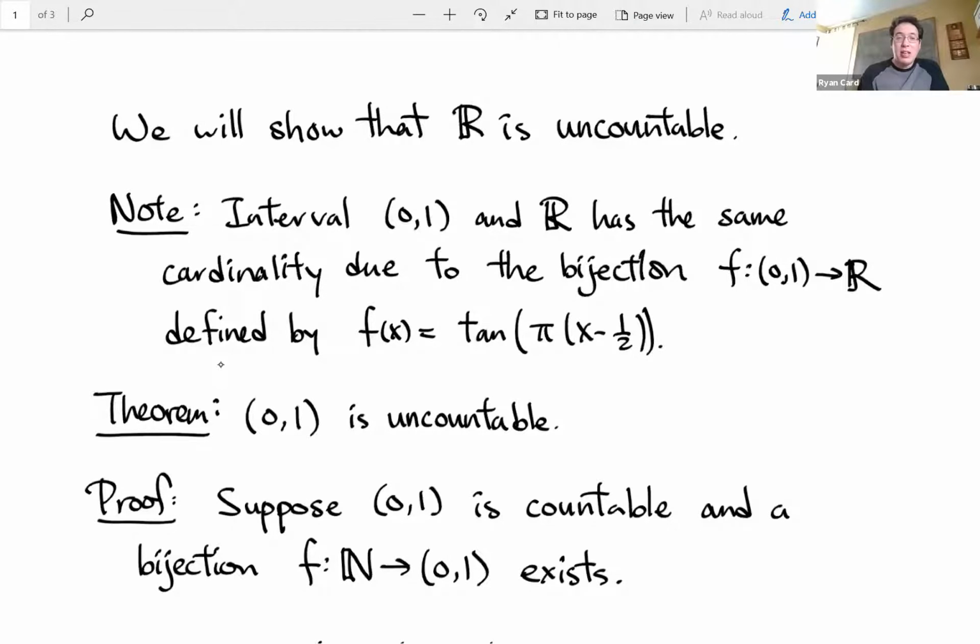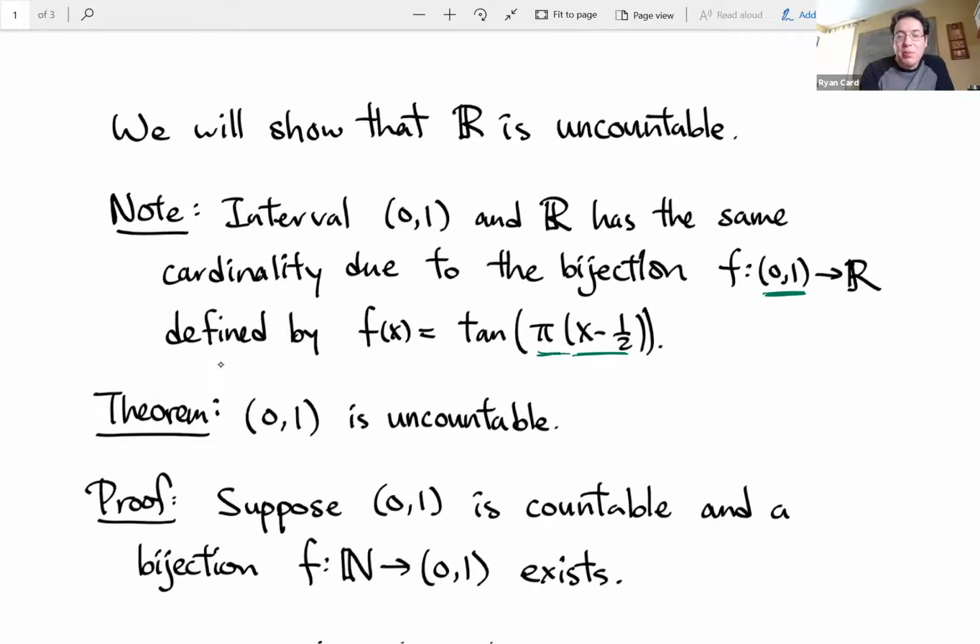All right, so the first thing I'm going to note is that the real numbers and the interval from 0 to 1 have the same cardinality. We can use the bijection of the tangent function. If we take a number between 0 and 1, not including the endpoints, and then subtract 1/2 from it, then we have an interval from -1/2 to +1/2.